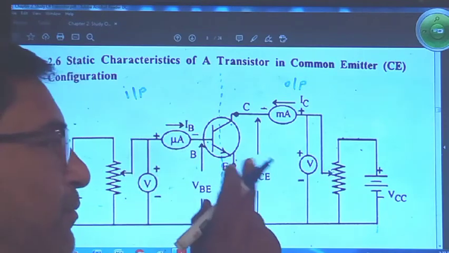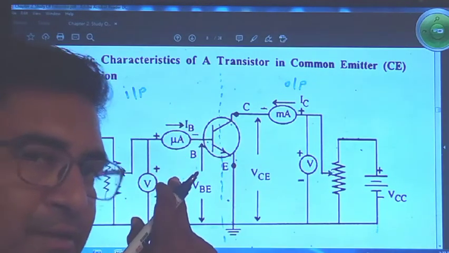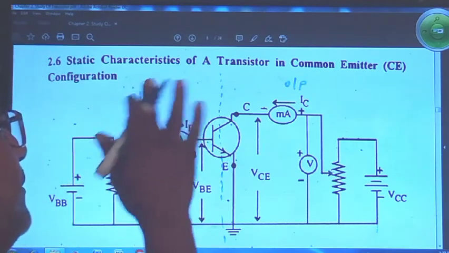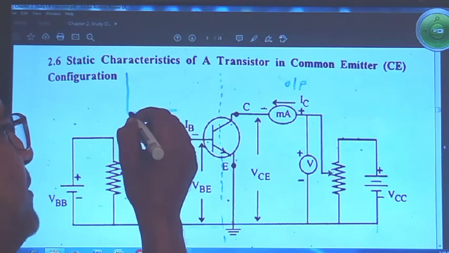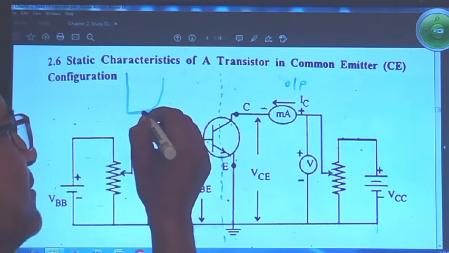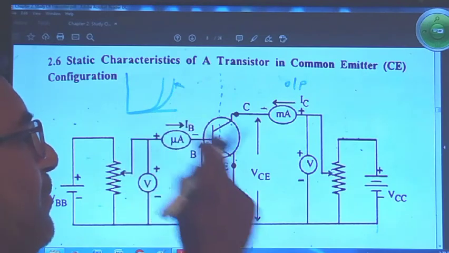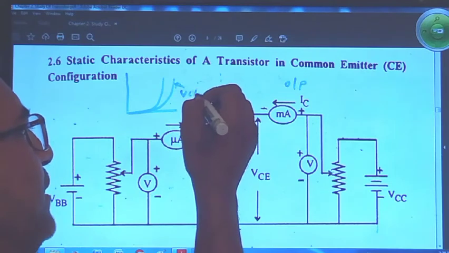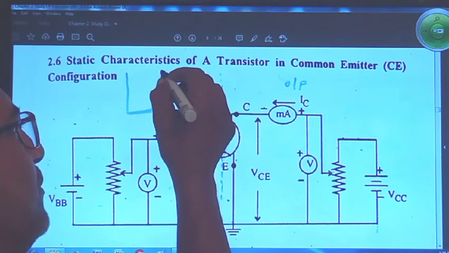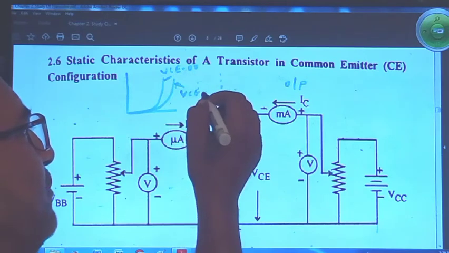In general, the input characteristics you get are the same as those of the PN junction diode in forward bias, by keeping VCE constant, either 0 volt or 2 volt.